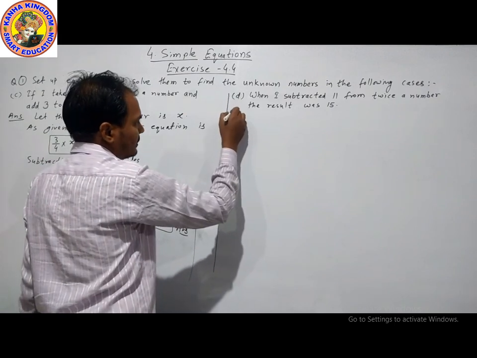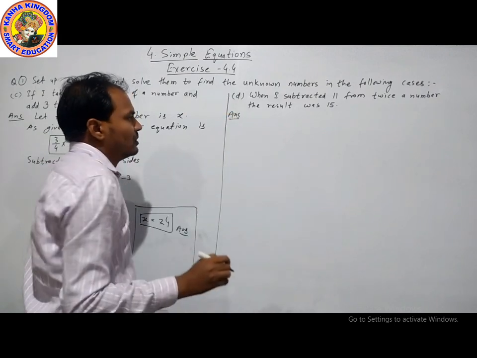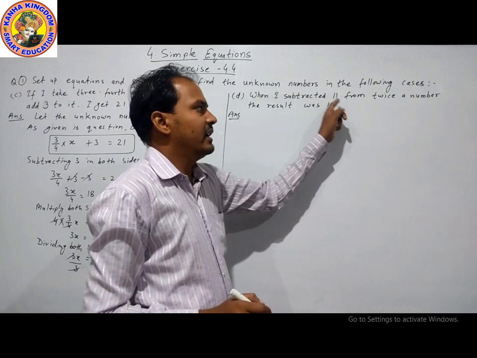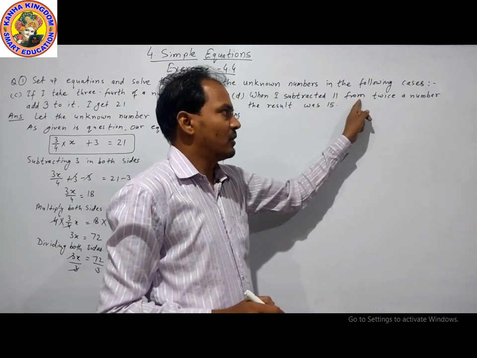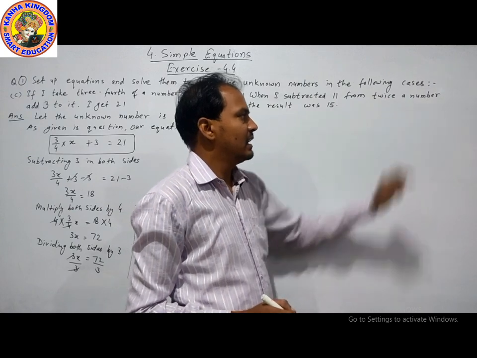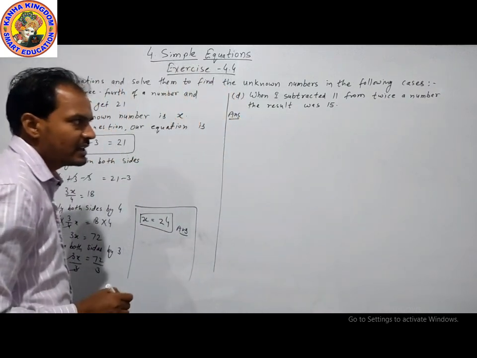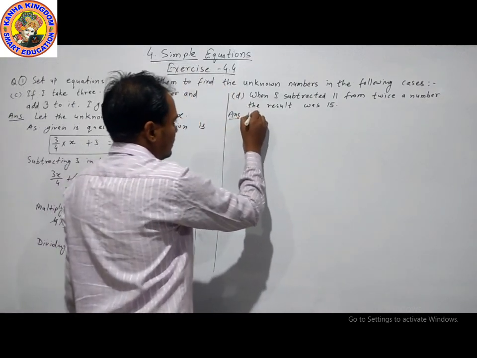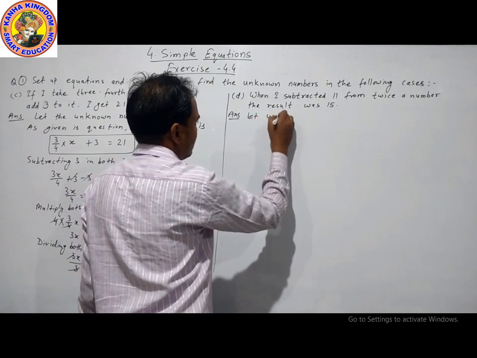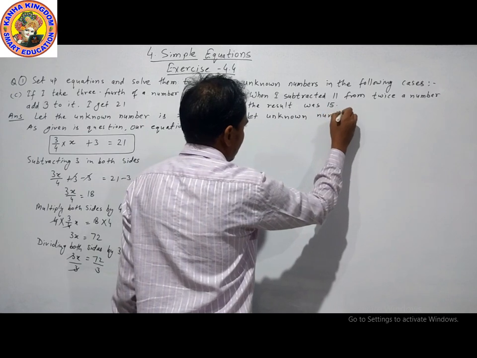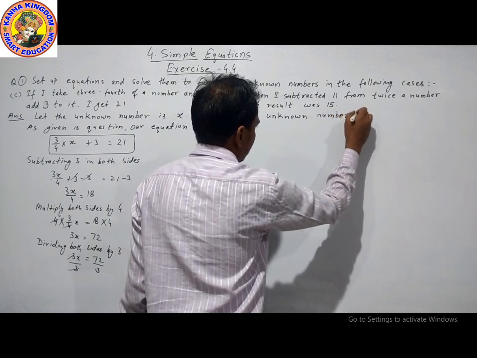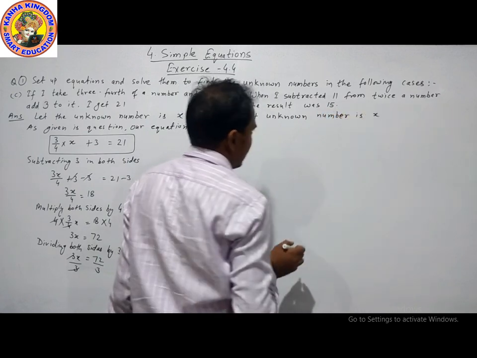Now taking part D. When I subtracted 11 from twice a number, the number is x. First of all, let the unknown number be x.